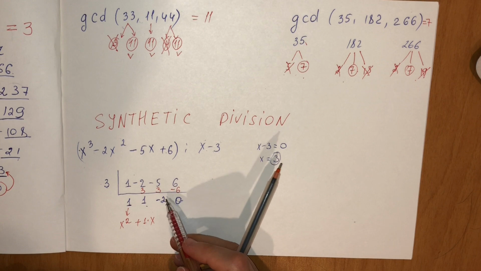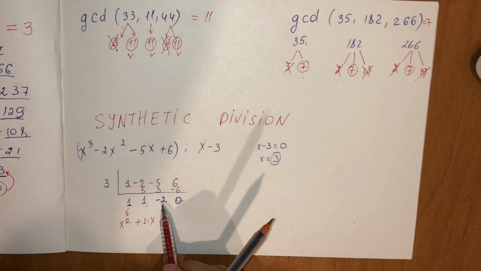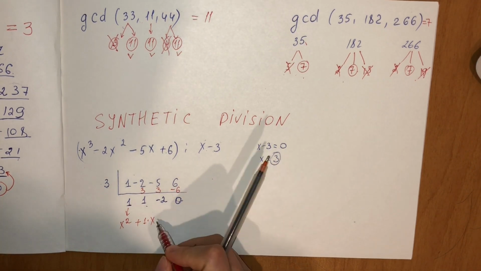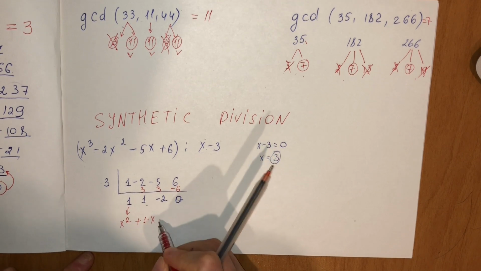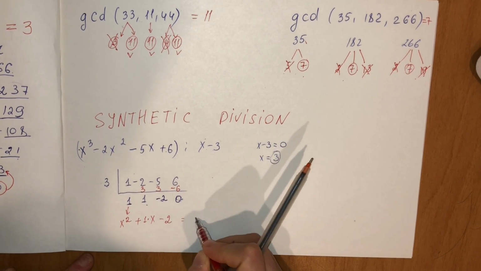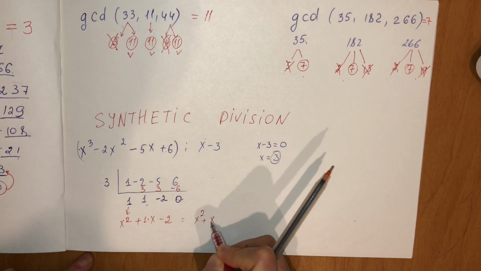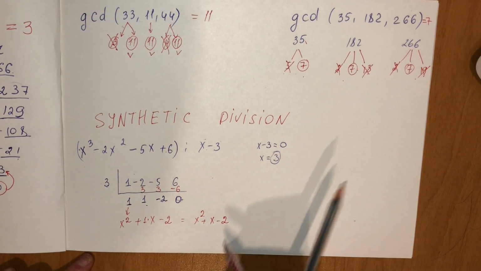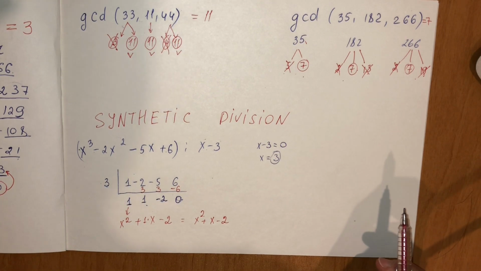And our third coefficient is minus 2. We get that x squared plus x minus 2 is our final result.